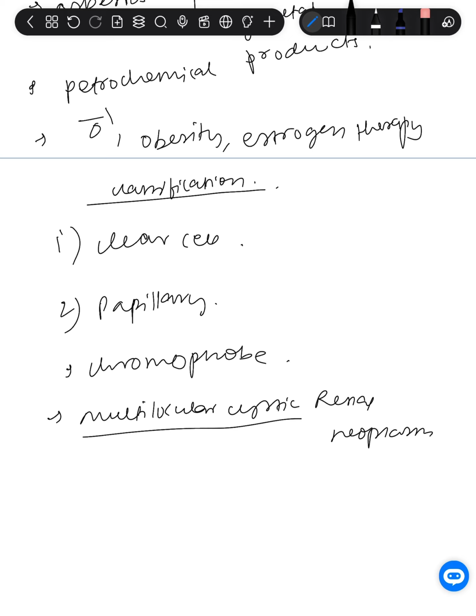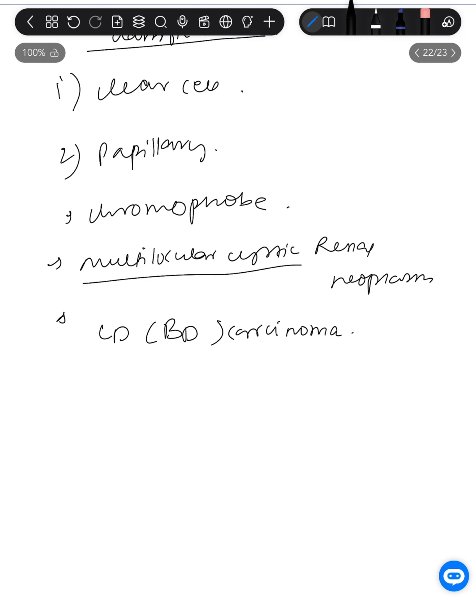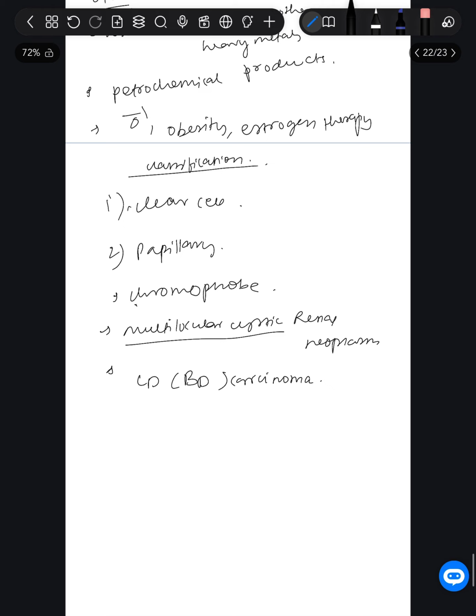Then we have collecting duct, Bellini duct carcinoma. So we have clear cell, papillary, chromophobe, multilocular, and collecting duct, Bellini duct carcinoma.